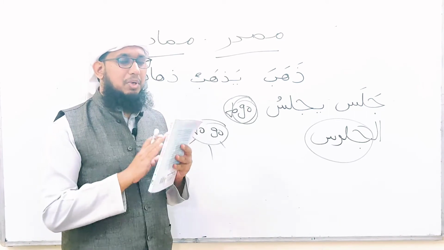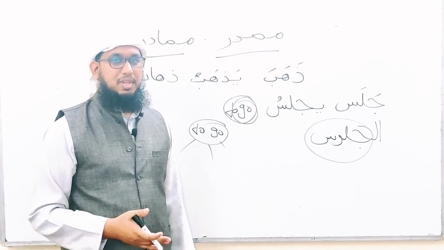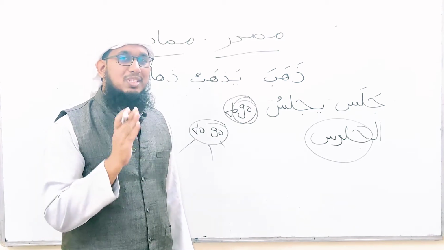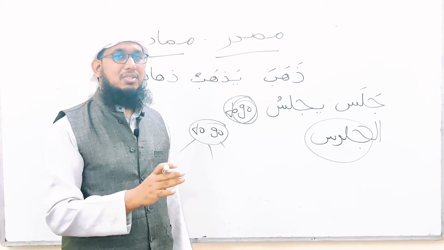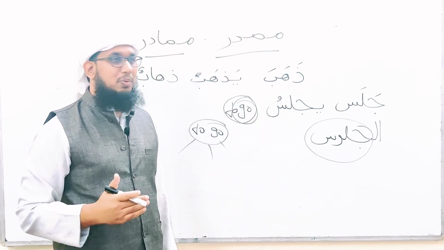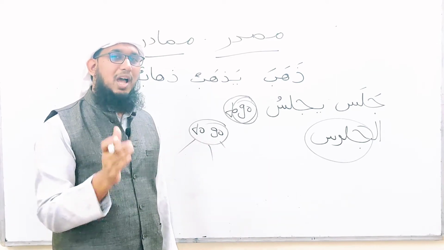Now there are many rules with regards to masdar which we will be studying in sarf, how to make a masdar. But remember one thing, there is no set rule to make a masdar from a fi'al madi. So how do we know what is the masdar of a fi'al? You have to memorize it.